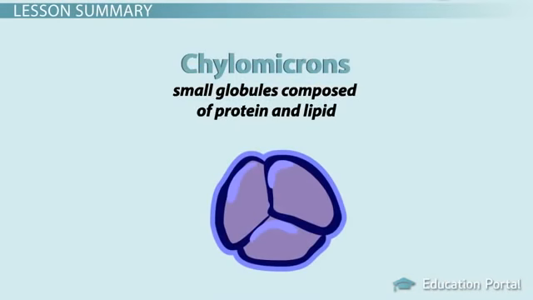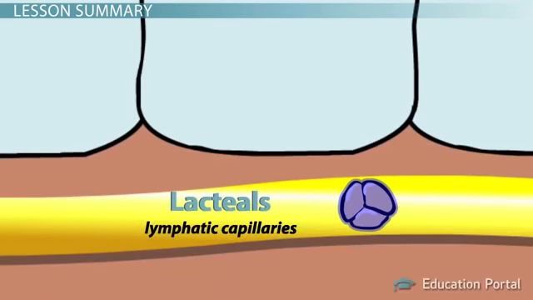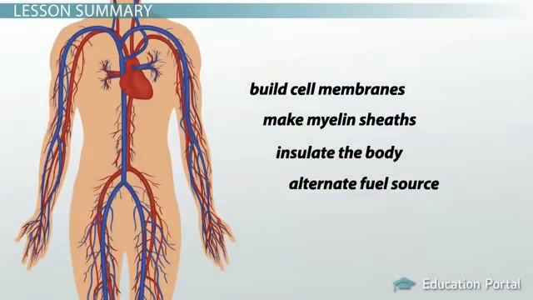Before the triglyceride leaves the cell, they get a protein coating and become chylomicrons. Chylomicrons are small globules composed of protein and lipid. The chylomicrons first enter the lymphatic capillaries called lacteals before entering the general blood circulation. Fats are used to build cell membranes, make myelin sheaths, insulate the body, or as an alternative fuel source.